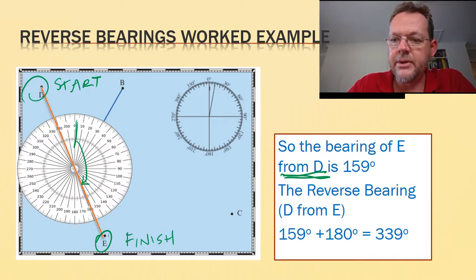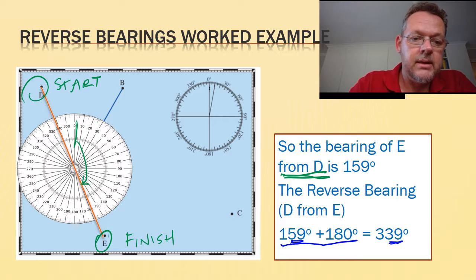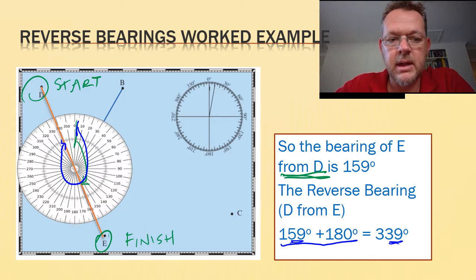Now let's think about the reverse. The reverse has got to be 180 degrees different. So that's close to 160, and I can do that in my head. 160 and 180 is 340, and that's one less, so it's 339. Let's now read, is this 339? And yes, that's our check there.